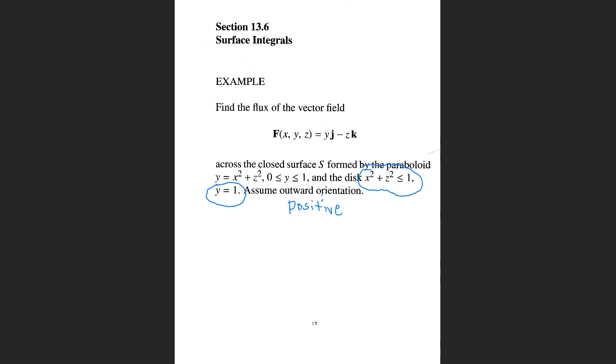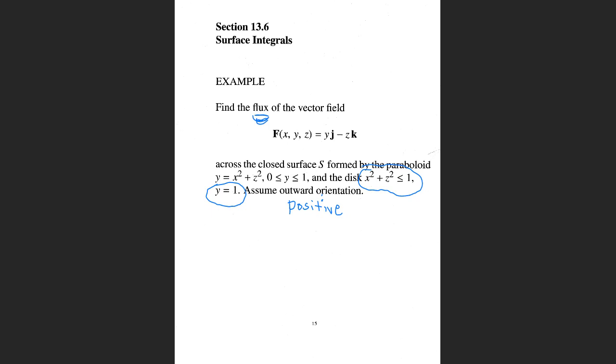Now what we want to do is, let's draw a little picture. We're going to draw a little picture of this paraboloid. It's just a sketch. And keep in mind, when they say compute flux, that means you're going to be computing a surface integral.